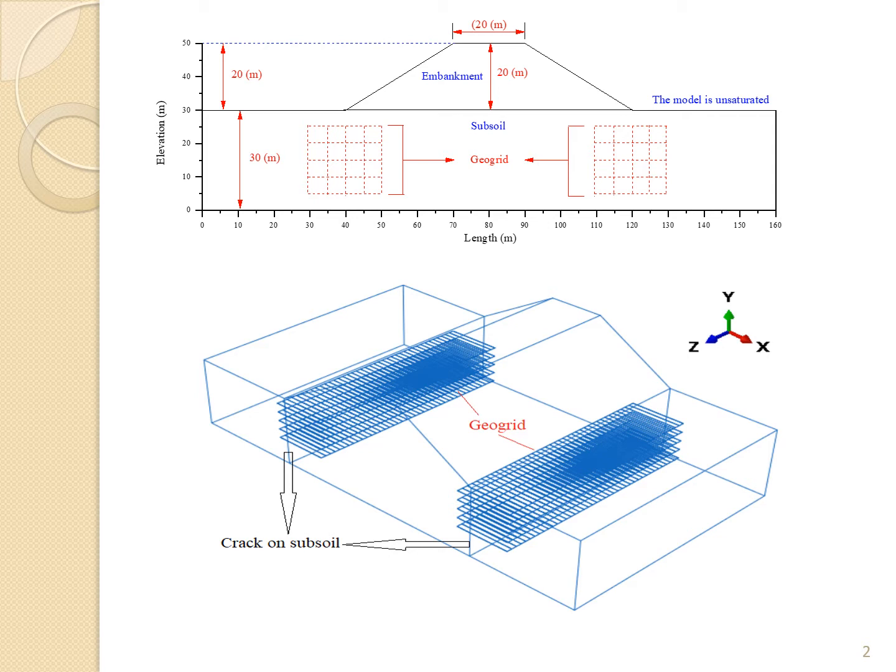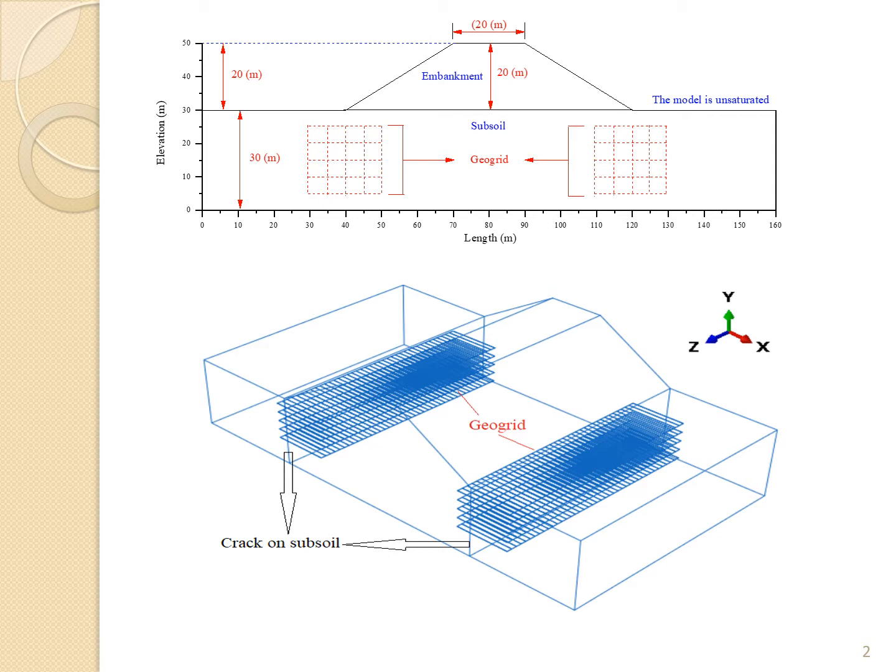In total, five geogrid sheets are used, and the height of the subsoil is 30 meters. The geogrid sheet has only one direction element, and each element has 2 meter distance. A crack is also developed only in the subsoil, exactly below the toe of the embankment.